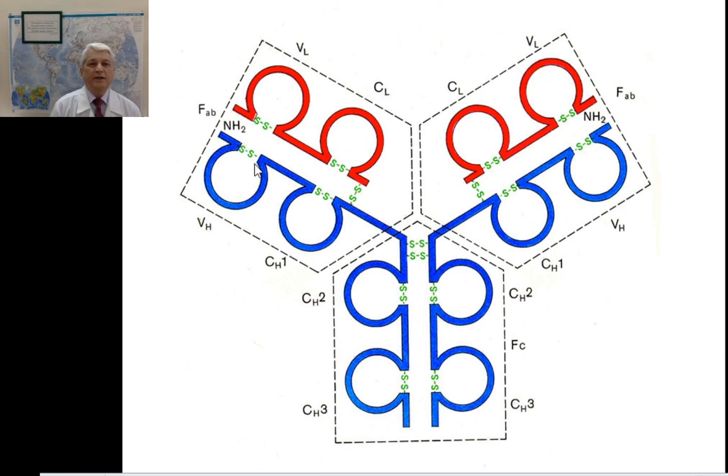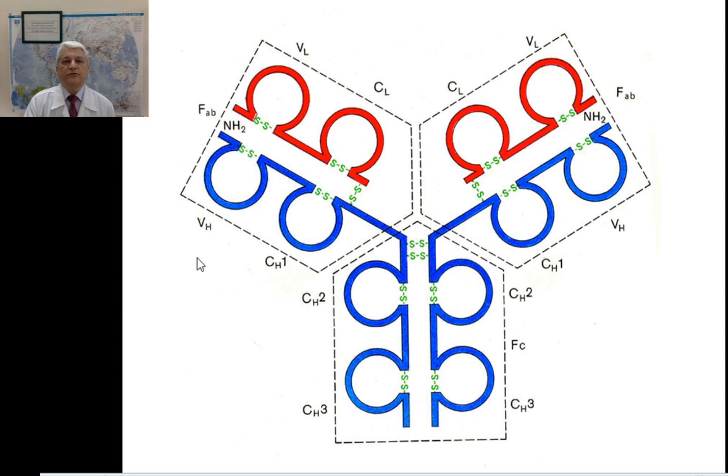Now you can simply understand why it is necessary to have a disulfide bond in each domain, because these bonds fix the loop of the domain. You can see such a bond in each domain, here, here, here, here, and also in the light chain. What is red? Red is here one light chain and here the second light chain. What is blue? Blue is the heavy chain and here the second heavy chain.